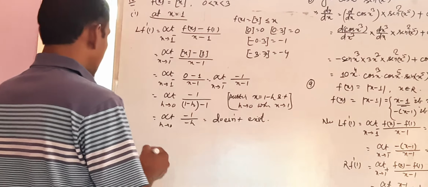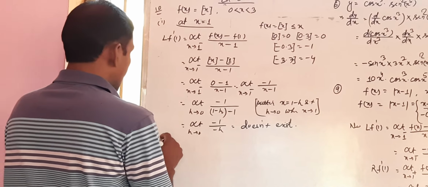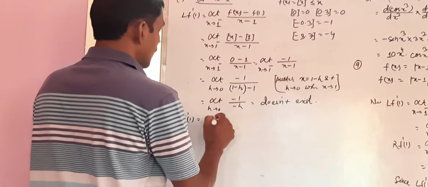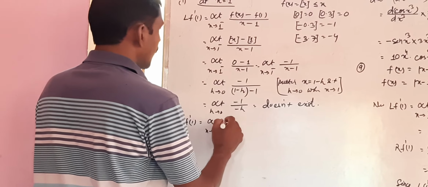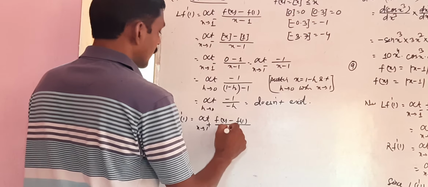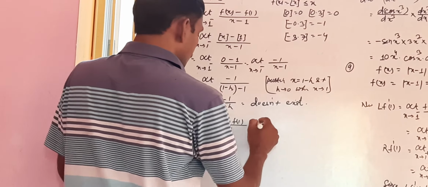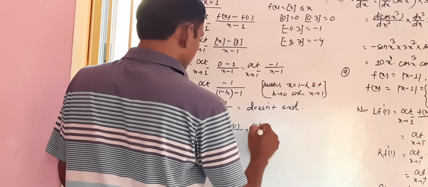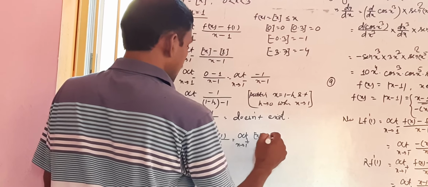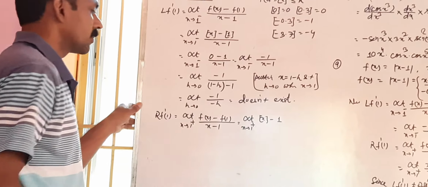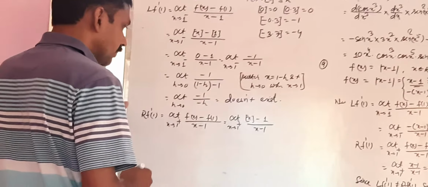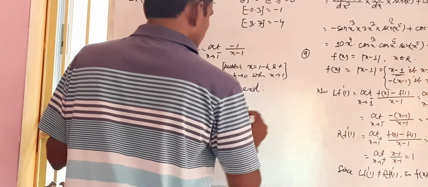Similarly, the right hand derivative, R f dash of 1, is limit x tends to 1 plus of f of x minus f of 1 by x minus 1. So it is limit x tends to 1 plus of bracketed x minus 1, by x minus 1, as f of 1 is 1.